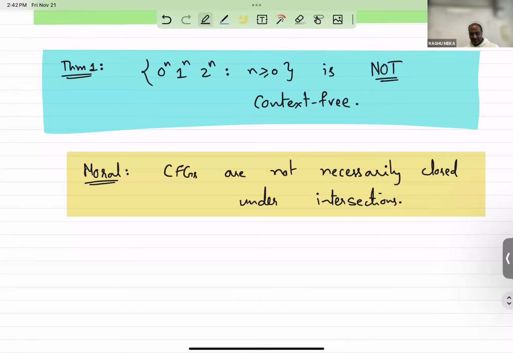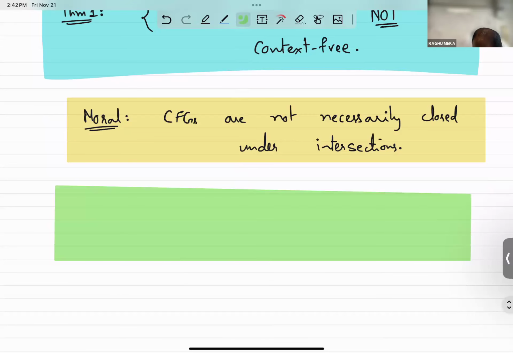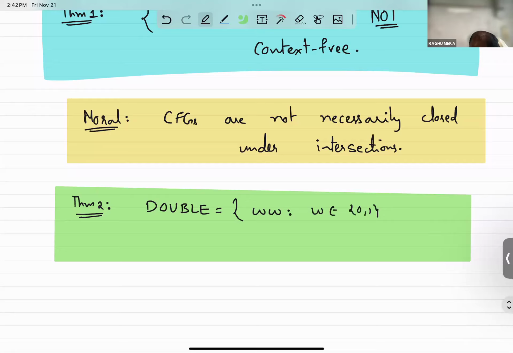Okay, and in the same way, we'll also show a theorem that double is not context free.